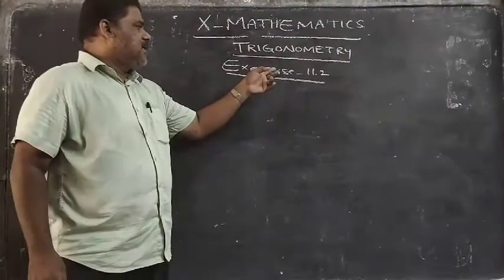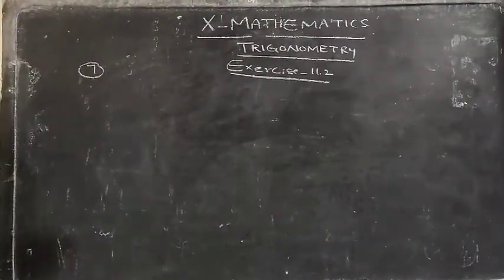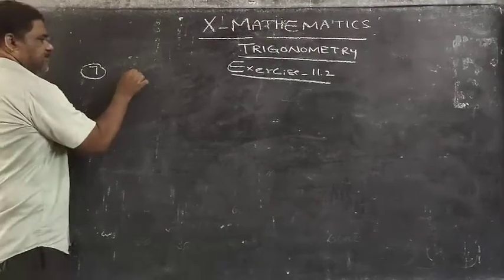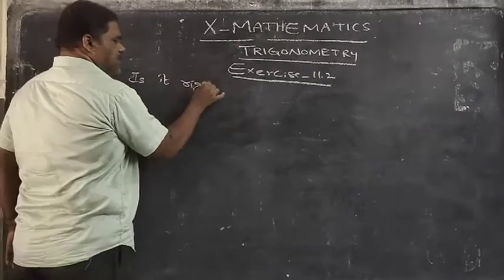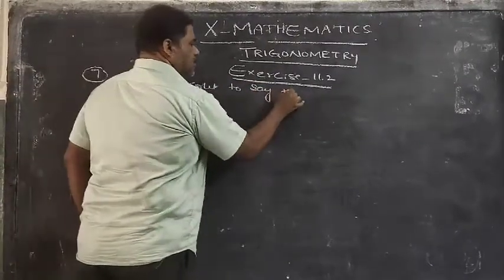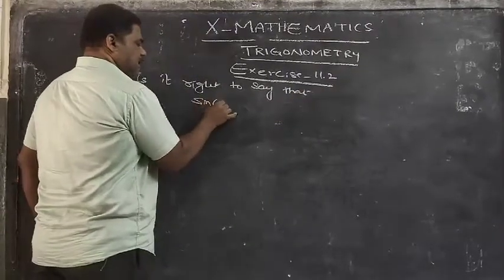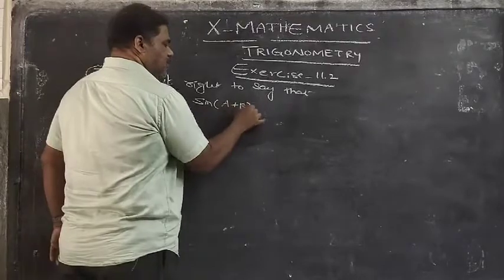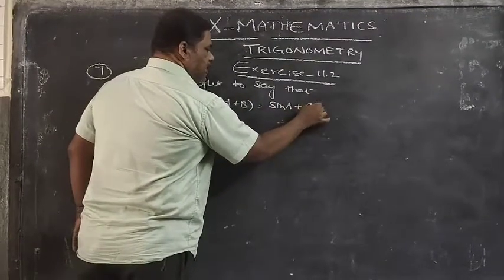Let us write the last problem in exercise 11.2, that is 7th problem. Is it right to say that sin A plus B is equal to sin A plus sin B?